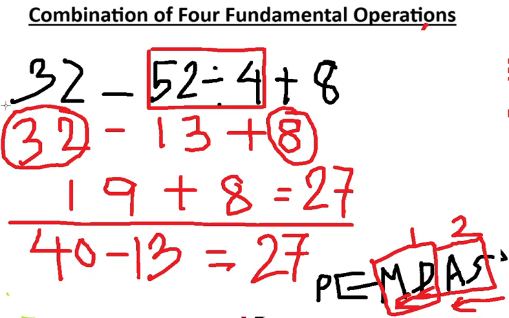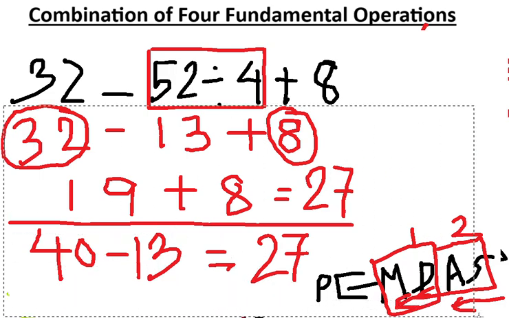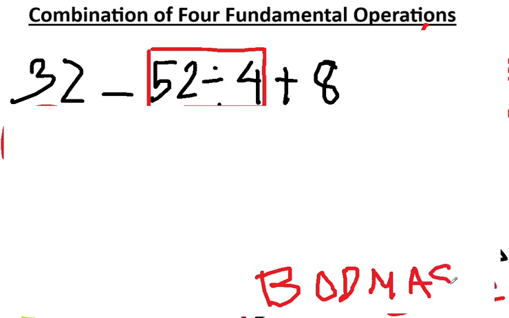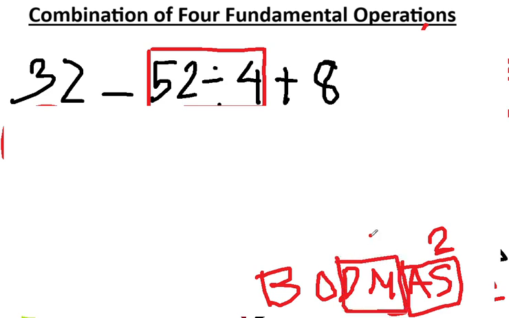Now I'm going to follow the rule of BODMAS as per the UK, or India. According to the rule of BODMAS, we don't have much complications. This one is the second preference. This one gets the first preference.